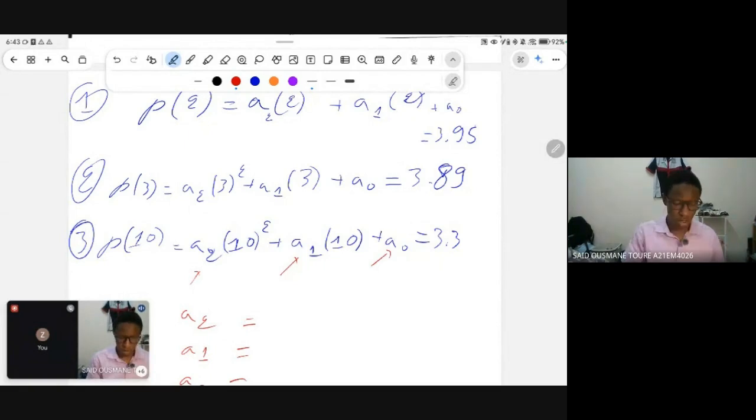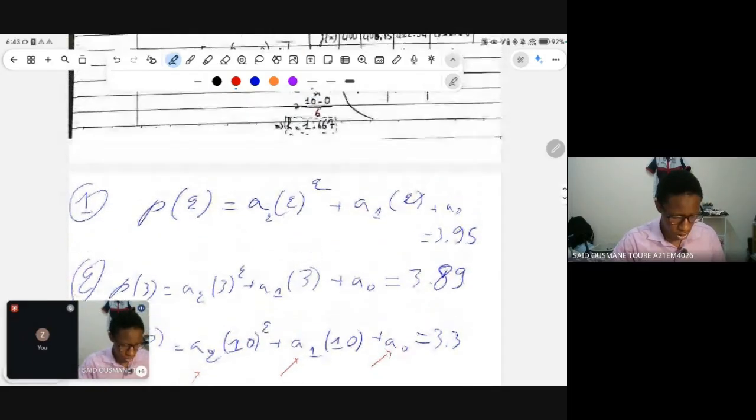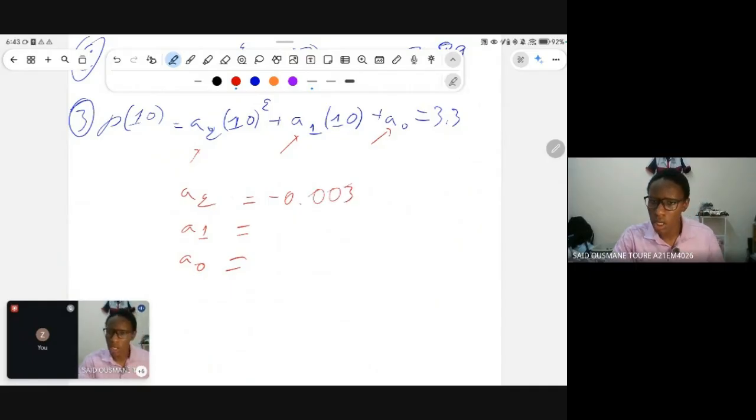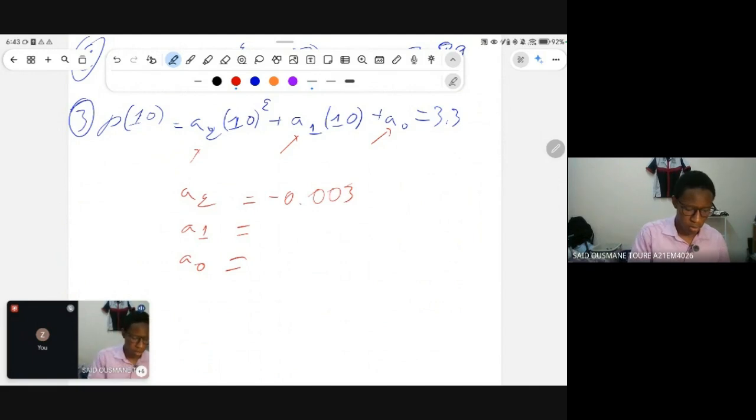That's this code is 100. Okay, with 10 and 1, and you get 3.3. So our results, for X, you get minus 0, for A2, you get minus 0.003. Okay, you use 8. Okay, interesting.